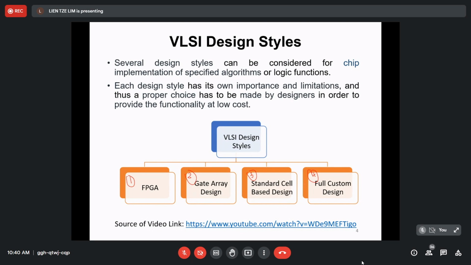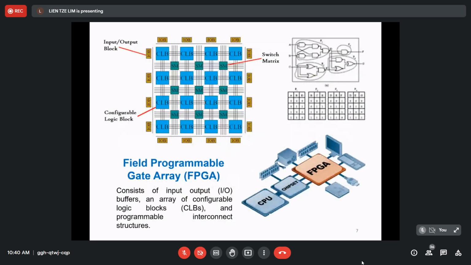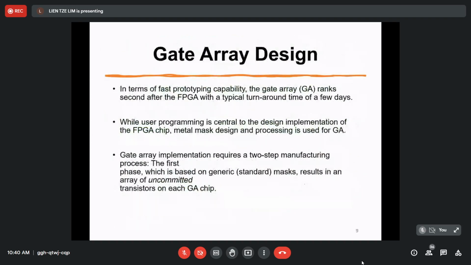Last week I covered these 4, and there is a table for comparisons between these 4 design styles. I'm not sure whether you have started reading the PowerPoint slides given to you. You can go and read them during your revisions.